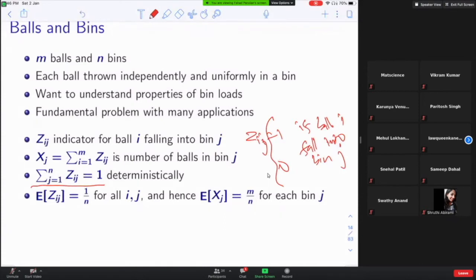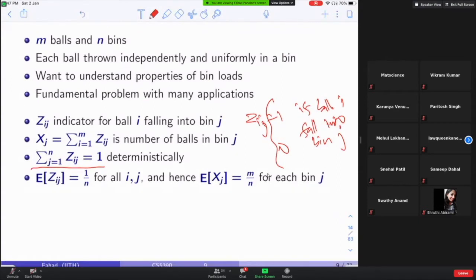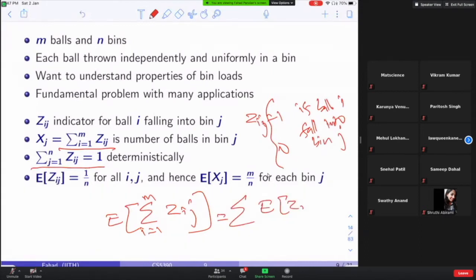So what is the load in a bin j? That is Xj. What is the expected load in bin j? The expected value of Xj will be the expectation of the summation of Zij, where i goes from 1 to m. By linearity of expectation, you get the summation of the expectation of Zij.